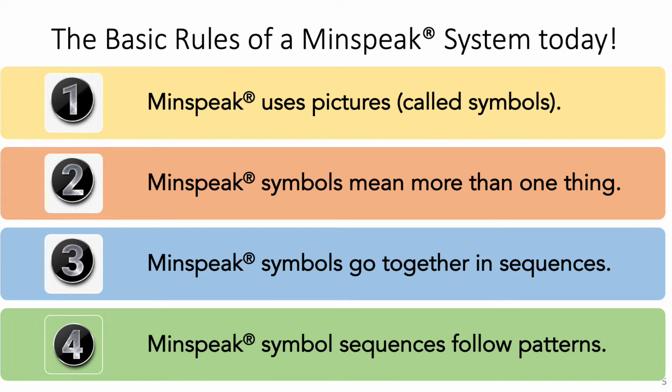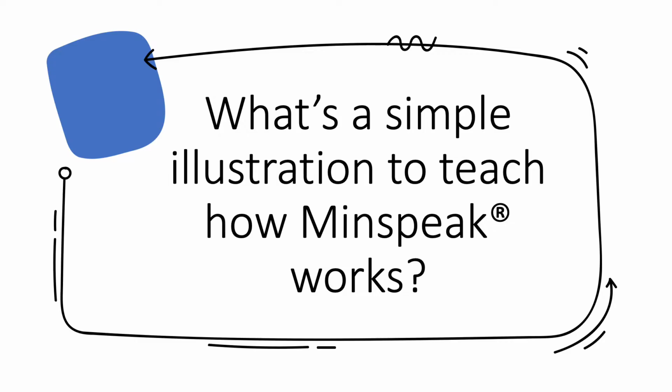The only thing that has really changed in 2022 is that Minspeak pictures are now officially called symbols. But let's get back to the question at hand. What's a simple illustration to teach how Minspeak works?